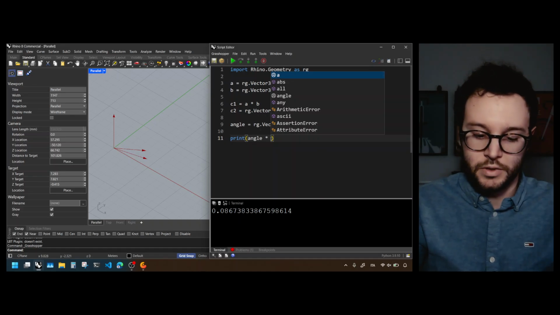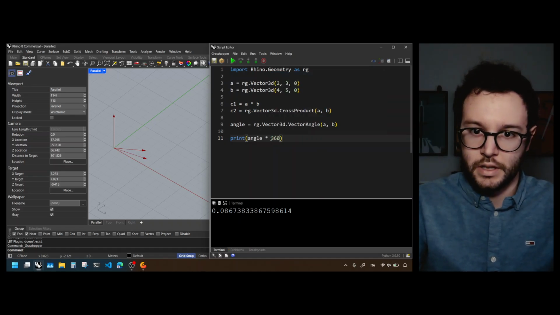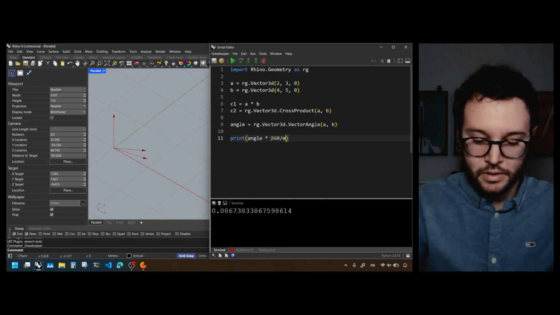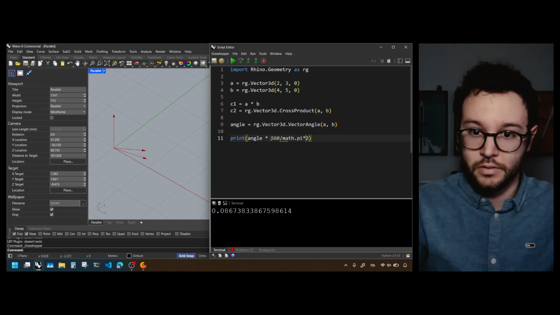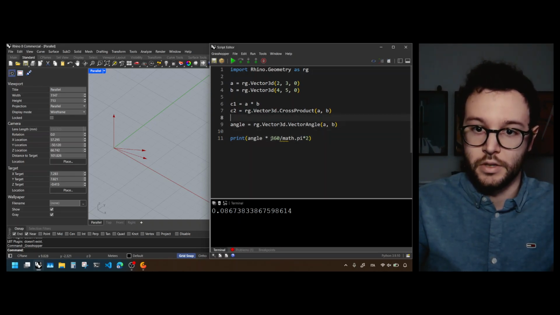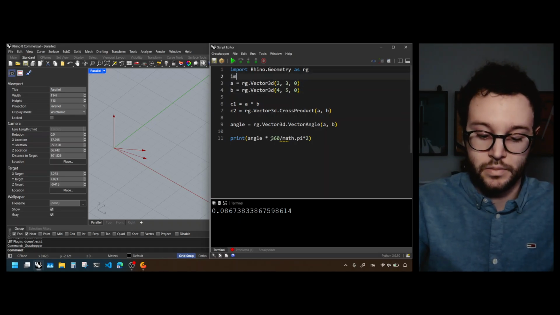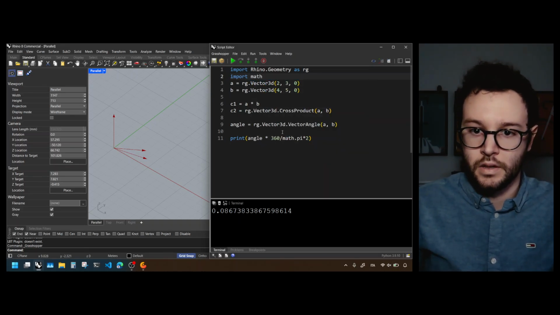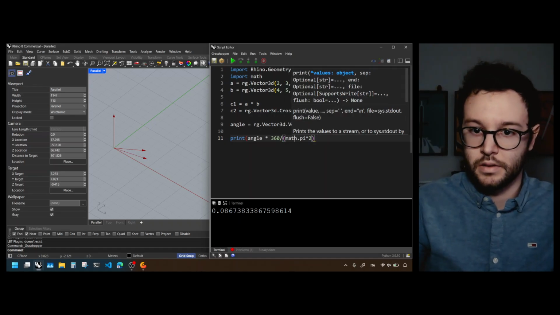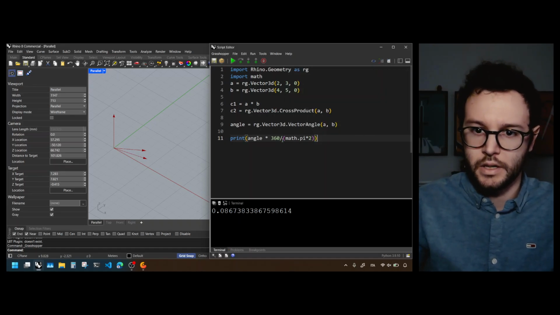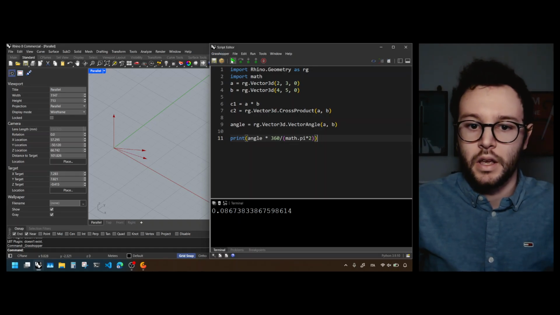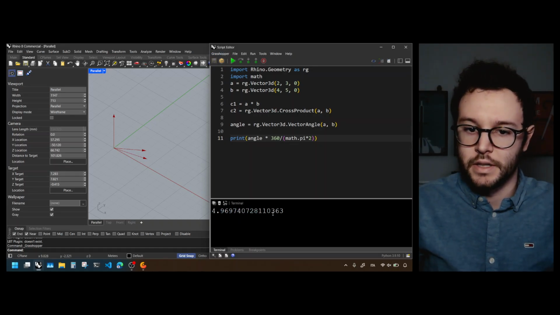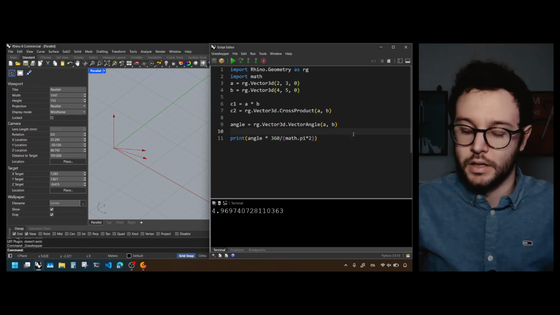We can just multiply by 360 over, I believe, math.pi times 2, and we need to import math. Okay, I believe this should be the angle in degrees.